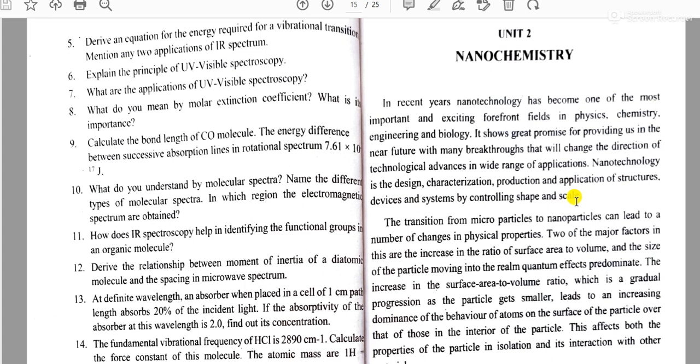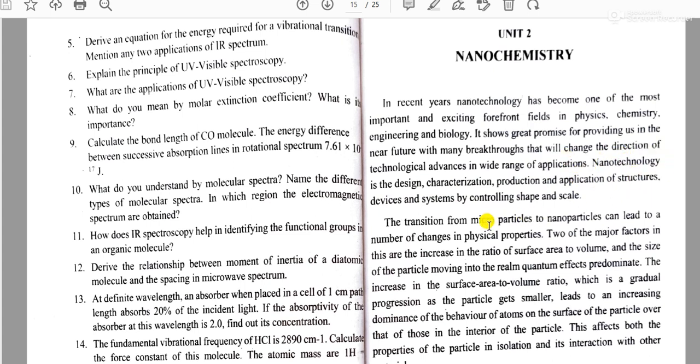So it means it is the design of nanomaterials, and how these nanomaterials designed for a specific purpose can be applied in devices and systems. So this is what nanotechnology implies.